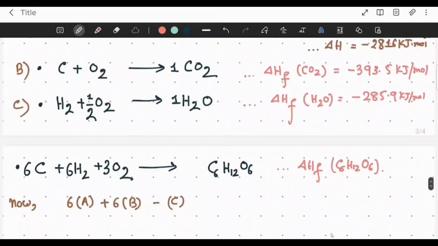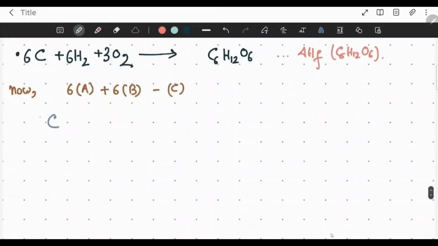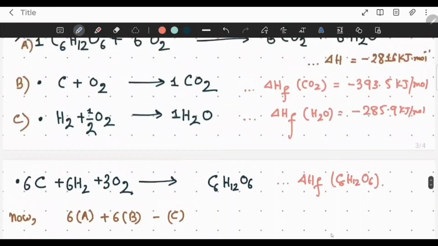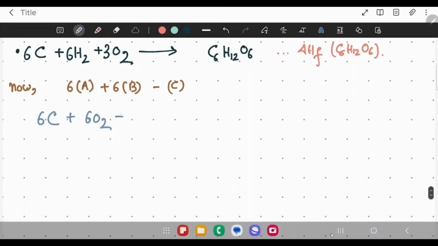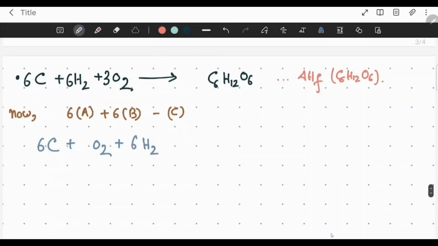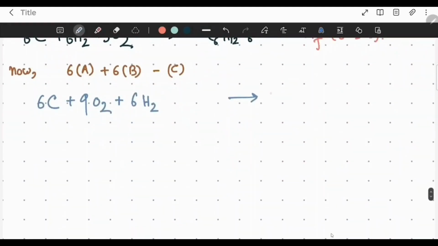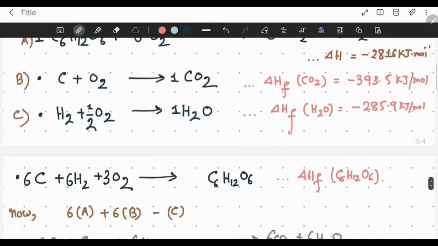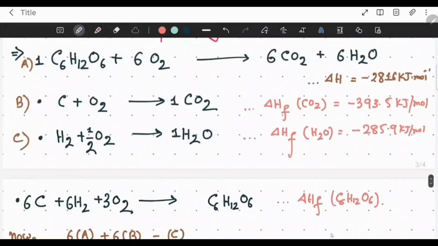So what will we obtain? On this side it is 6C plus 6O2, plus, again this is also multiplied, 6H2 plus 6 by 2 is 3, so it will be 9O2, and on this side 6CO2, 6H2O, minus C6H12O6, minus 6O2.